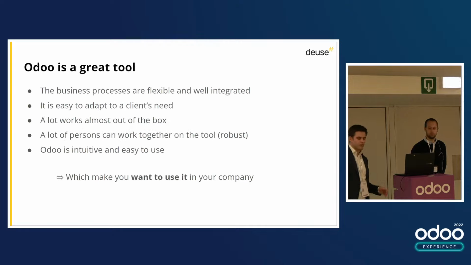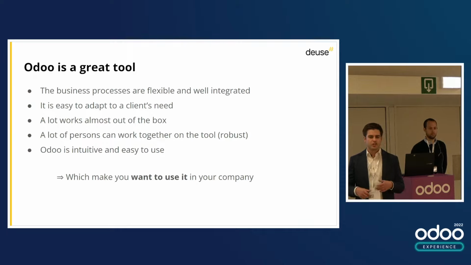First of all, I would like to state that Odoo is a great tool. Like I said, we are a custom development company, but even so, we use a lot of Odoo, because if your company has standard processes, you can almost make it work out of the box. The configuration is pretty simple.